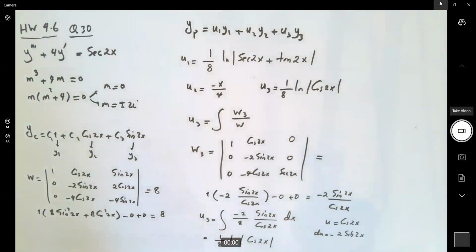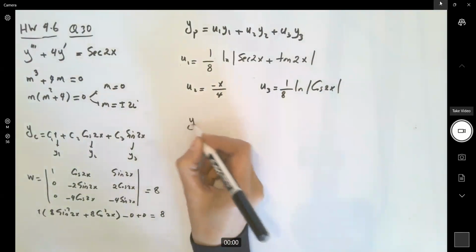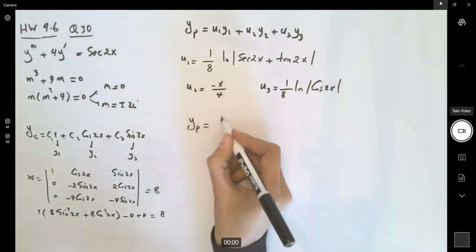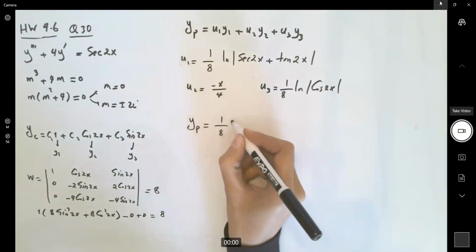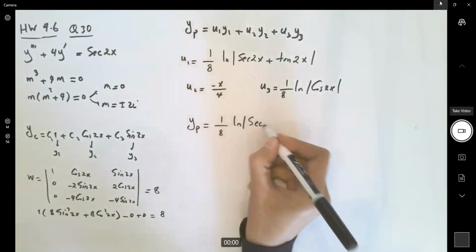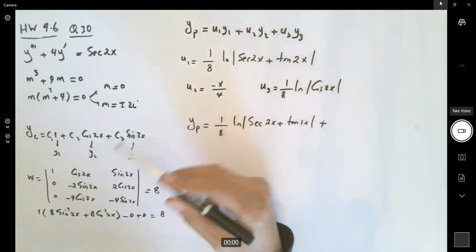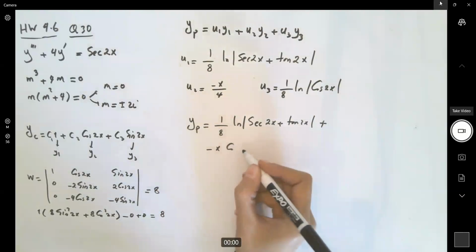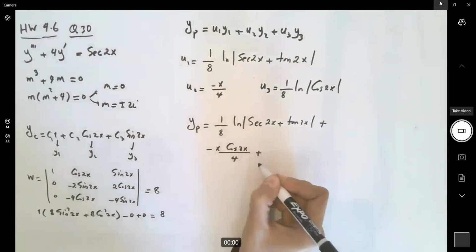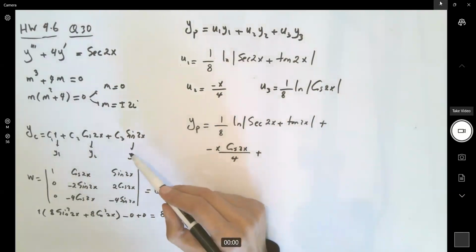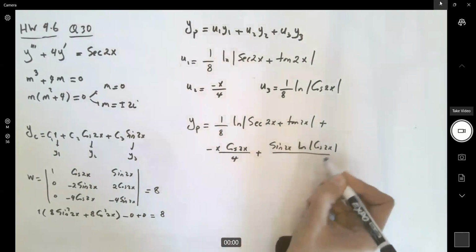Now that we have u1, u2, u3, we can form the particular solution as follows. The particular solution, y sub p, is u1 times y1, which is 1 over 8 times 1, so we're not worried about that; we just copy down ln of the absolute value of secant 2x plus tangent 2x, plus u2 y2, which is negative x cosine 2x divided by 4, plus u3 y3, which is sine 2x times ln of the absolute value of cosine 2x divided by 8.